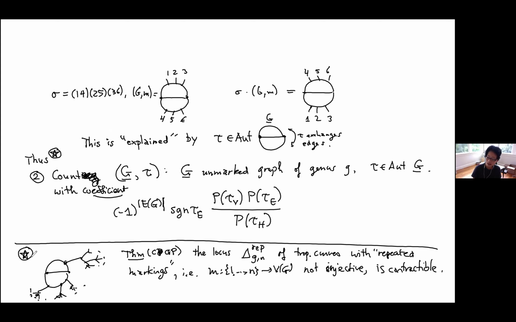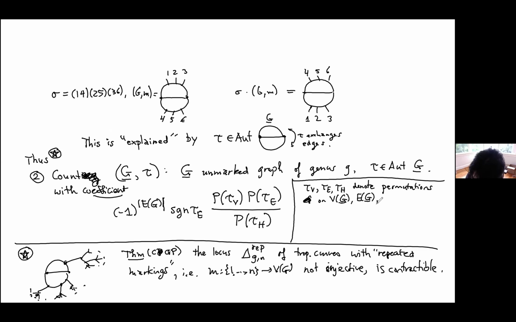Great, okay. So now I have to at least tell you, maybe briefly, what these capital P's are. Here, tau sub V, tau sub E, and tau sub H denote the permutations on the vertex set, the edge set, and the half-edge set, respectively, induced by tau.